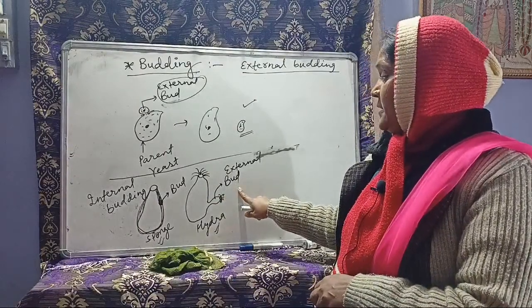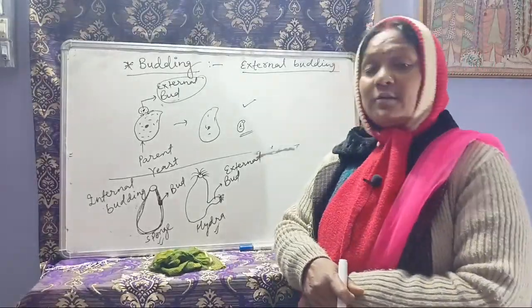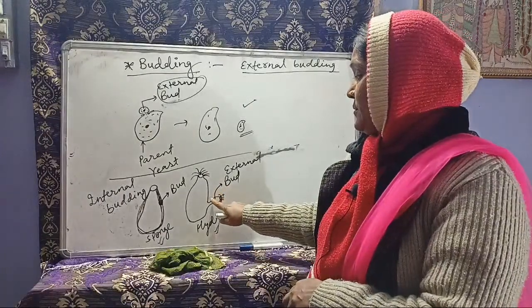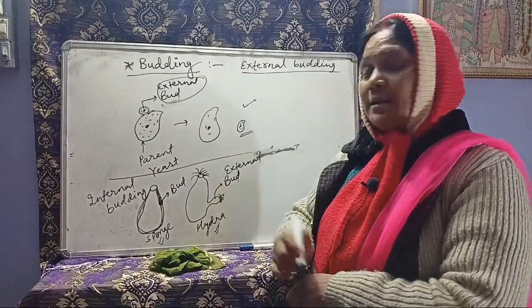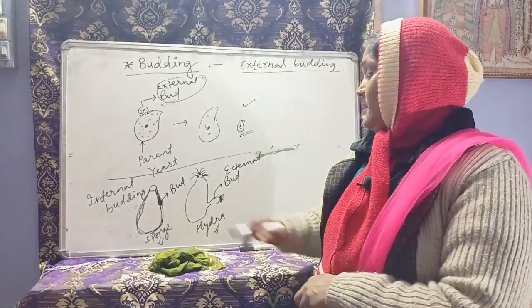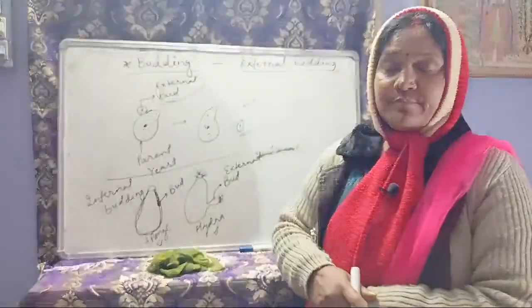When a new daughter hydra develops from such an external bud after separation from the parental body, this method is external budding.